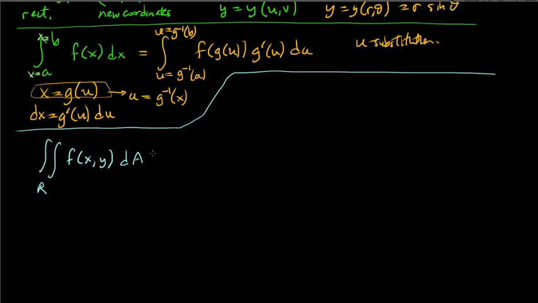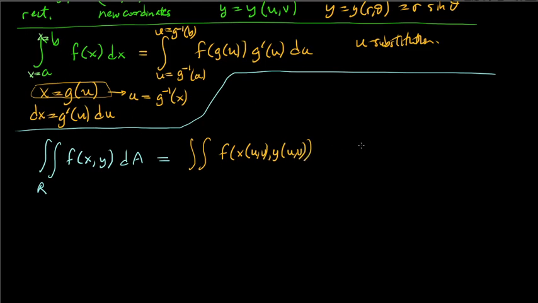So now we want to convert this to u and v. And we can do that. Just replace x with the function of u and v, and replace y with its function of u and v.